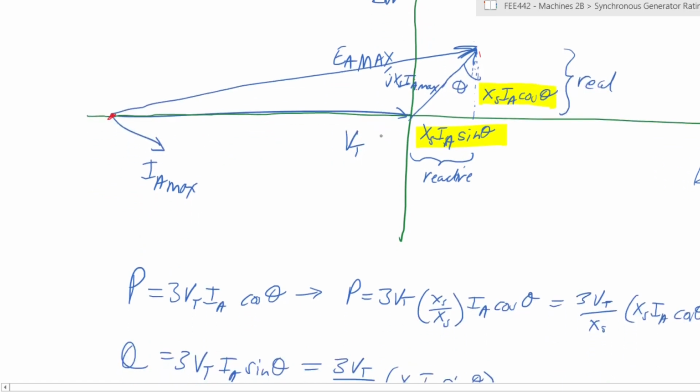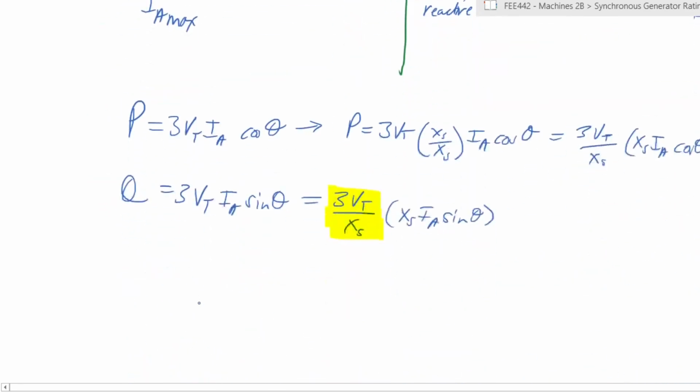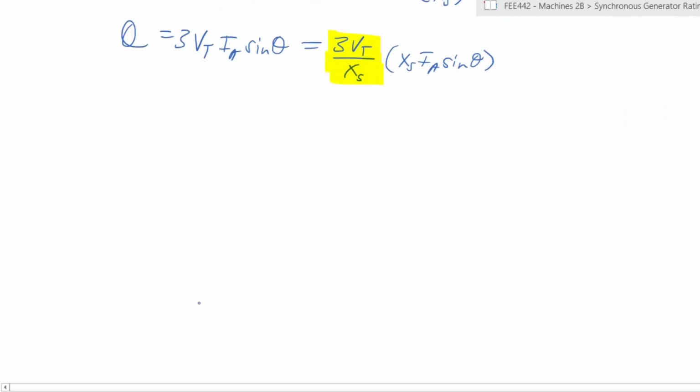You would then be able to convert them simply by using a conversion factor. That is a factor that you can use to convert from a voltage-current phasor diagram to a power diagram. You multiply it by a factor of 3 VT over XS. And what you'll end up with is the equivalent diagram, but for power, and it will look something like this.